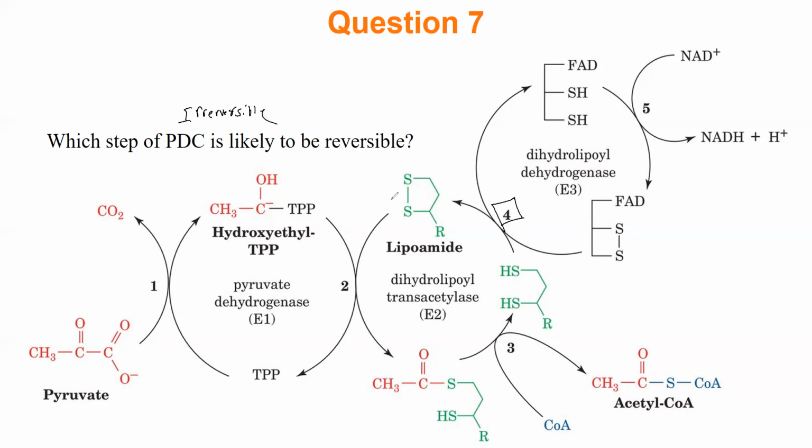Step two, you're using the energy of breaking a disulfide bond to move carbons. Usually, since this is the energy going in, to do that in reverse, you would have to put some energy in. Three, same thing, where you are using coenzyme A as your energy source to move carbon. So you can't break that bond without putting energy in. So four, you're just switching disulfide bonds. So that one's probably the closest to a delta G of 0.